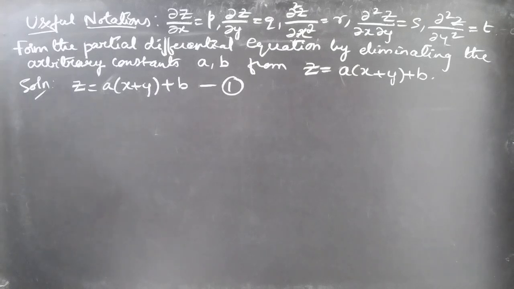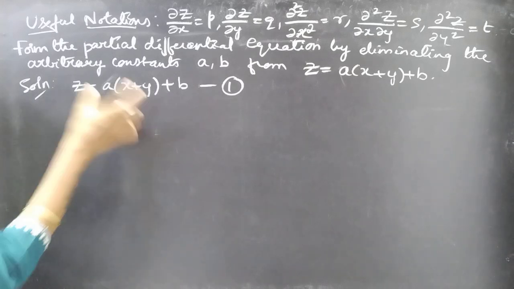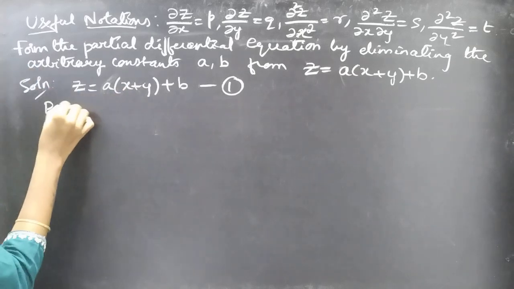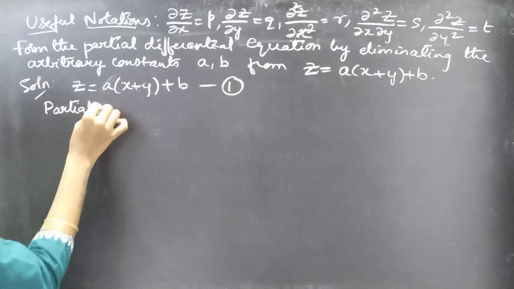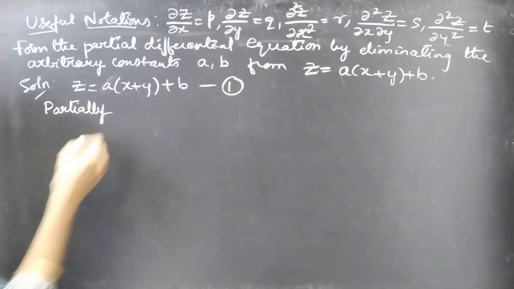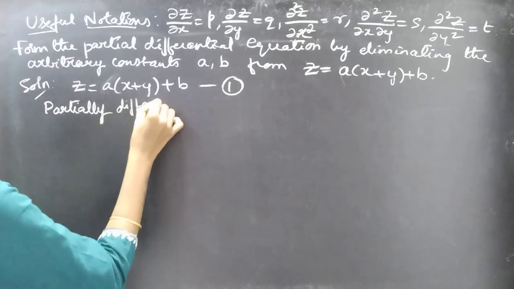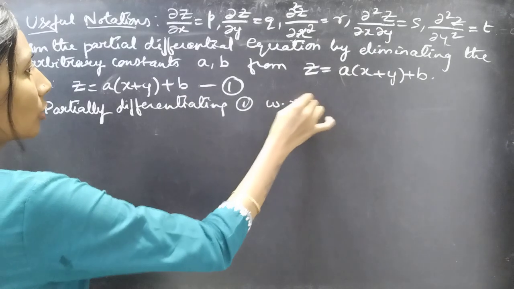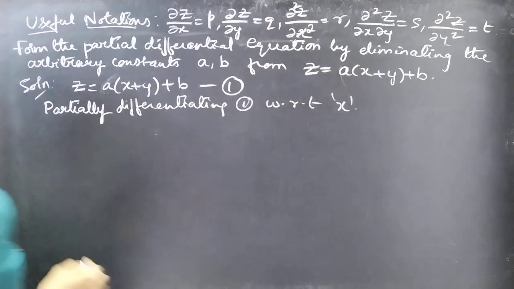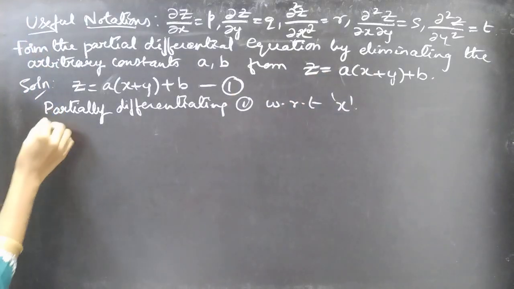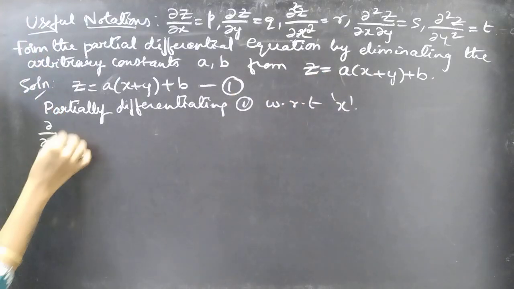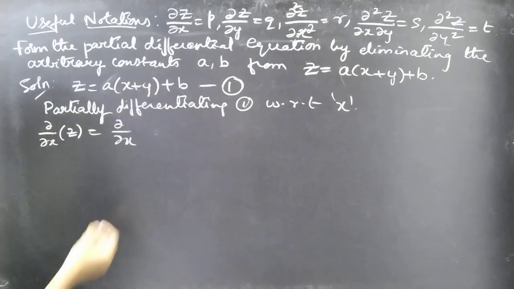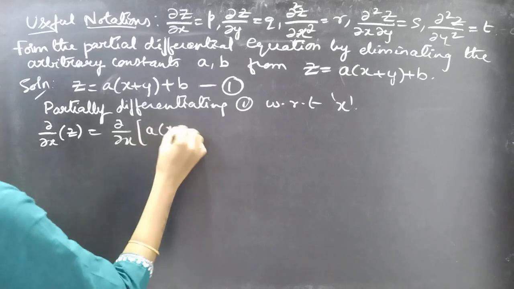So now what we'll do is we'll just partially differentiate 1 with respect to x and 1 with respect to y. First we will begin with respect to x. Partially differentiating 1 with respect to x, we'll partially differentiate both sides of the equation with respect to x.